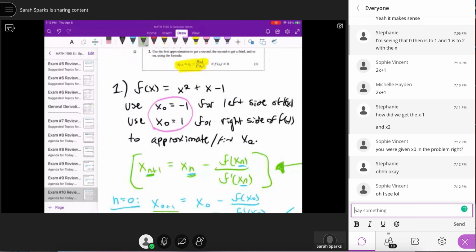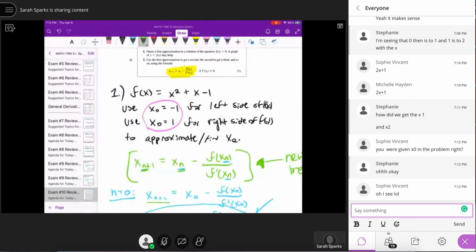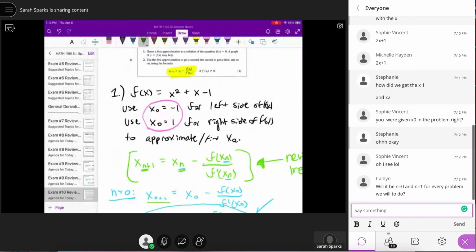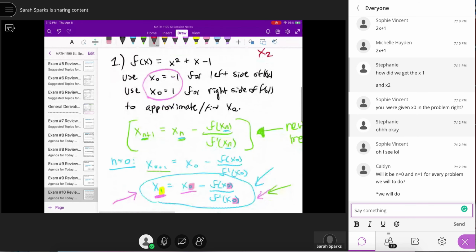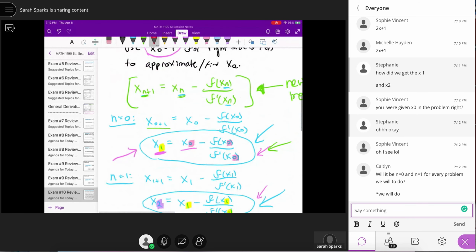At least in all the problems in the book, they give you x naught. Generally, yes. If, let's say, they gave you the value for x2 or something instead, then you would plug in 2 for all of these problems. Does that make sense? So you would be finding x3 next.